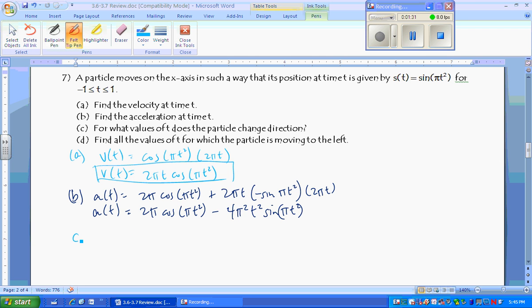For part C, I want to find the values of t where the particle changes direction. So we need to figure out when the velocity is 0. So 0 equals 2 pi t times cosine of pi t squared. So 2 pi t equals 0, or cosine of pi t squared equals 0.